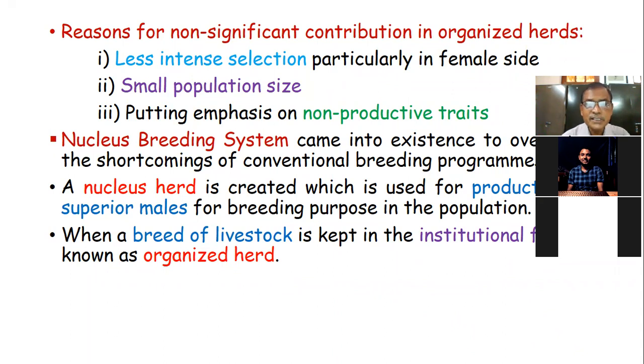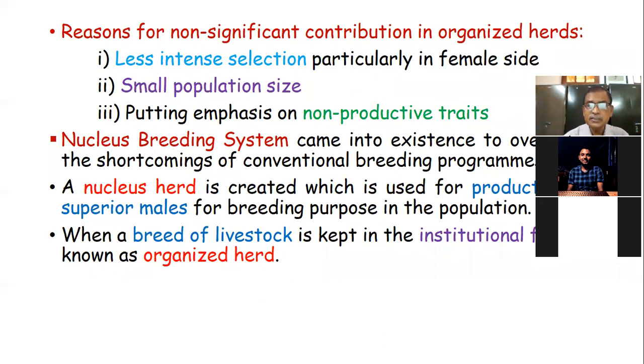So the nucleus herd is created, which is used for production of superior males for breeding purposes in the population. All the elite females, that means the top ranking females of the herd, are kept in the nucleus, and only 10 to 15%.